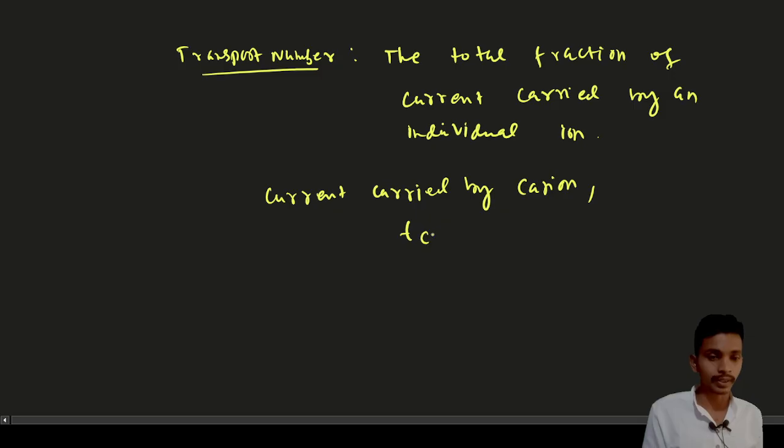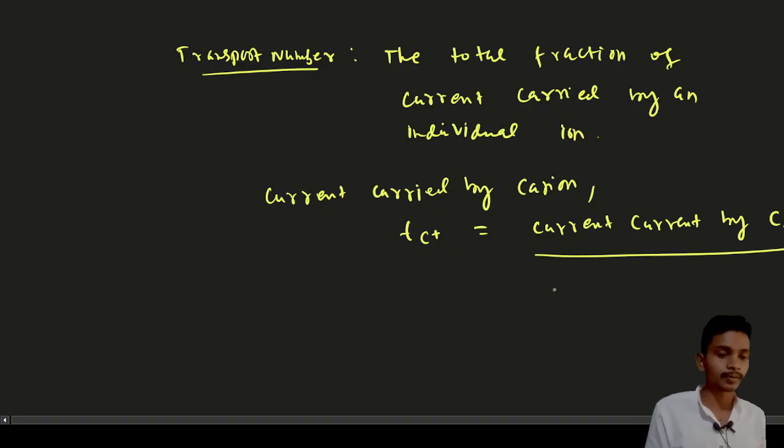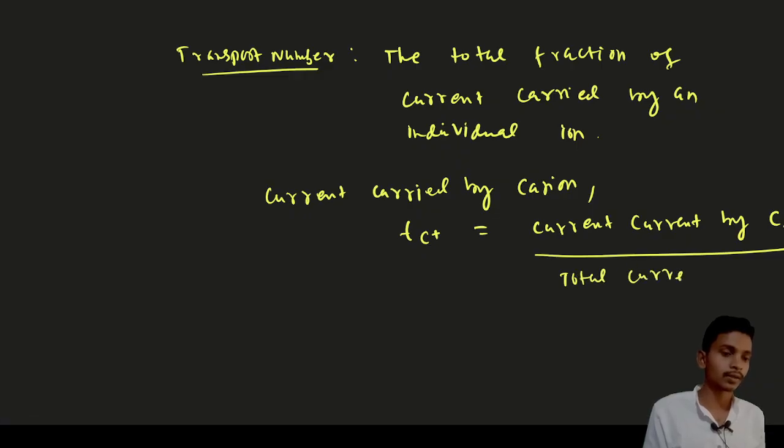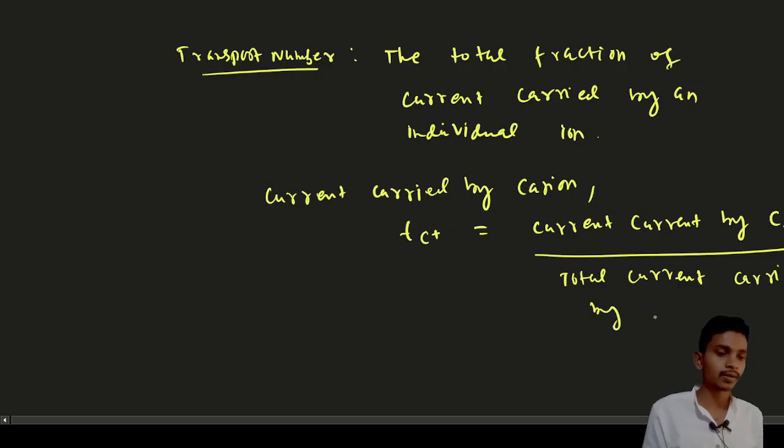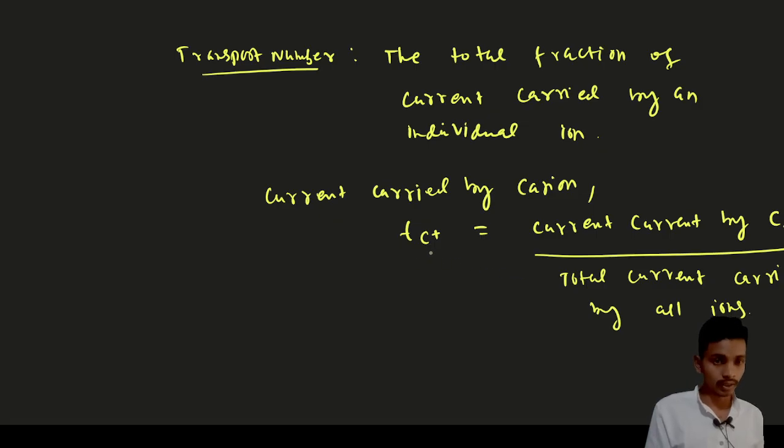So the transport number of cations is equal to the current carried by cations upon the total current carried by all ions.